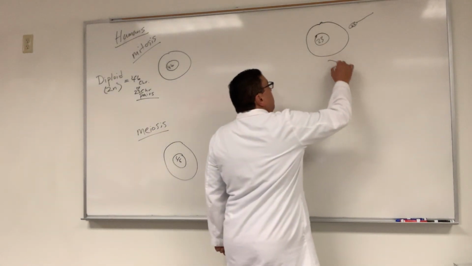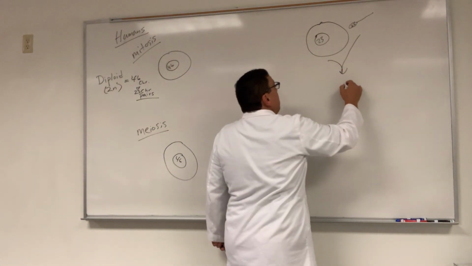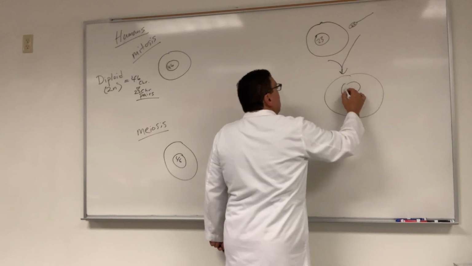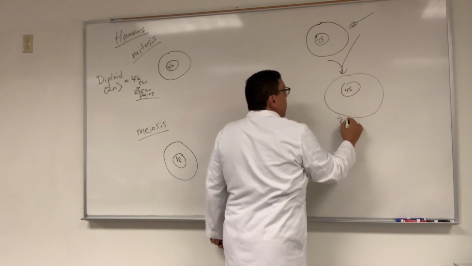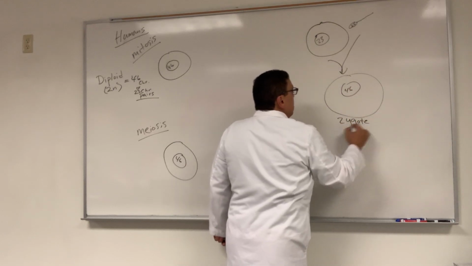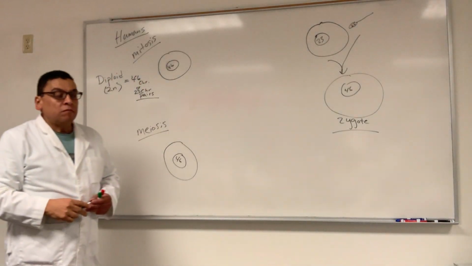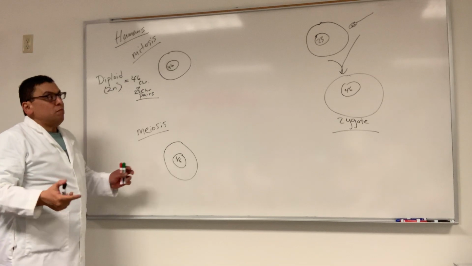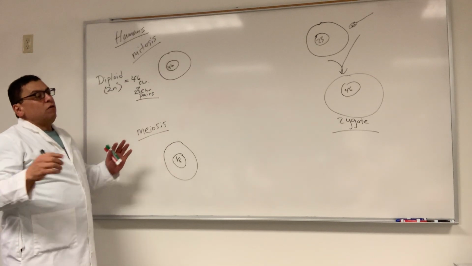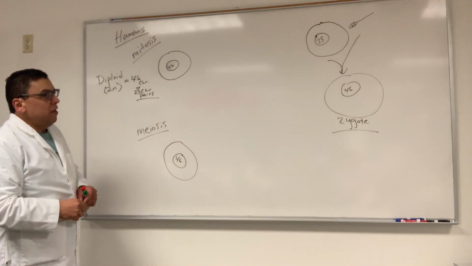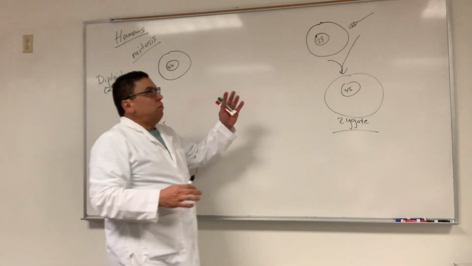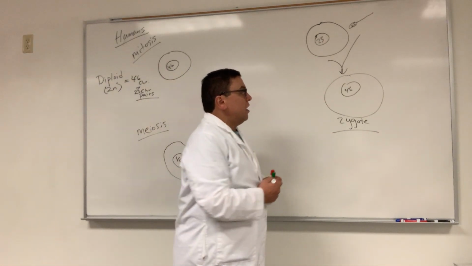And what ends up from there is the fertilized egg, 46 chromosomes, and that's called the zygote. So you are half mom, half dad. You have a complete set of chromosomes from mom and another complete set of chromosomes from dad. And they were put together at the point of fertilization.